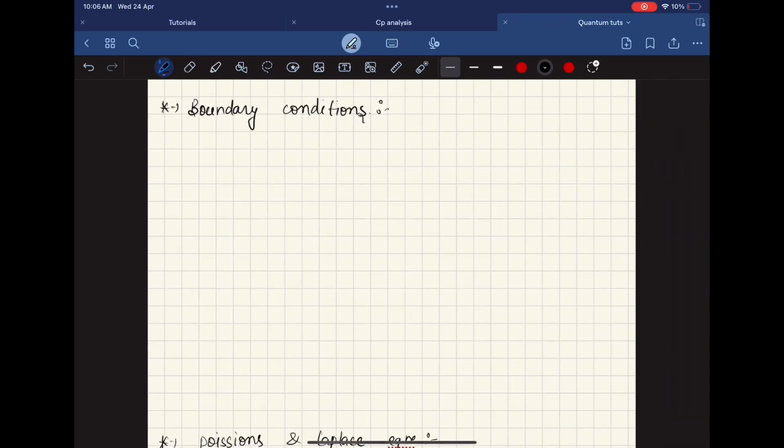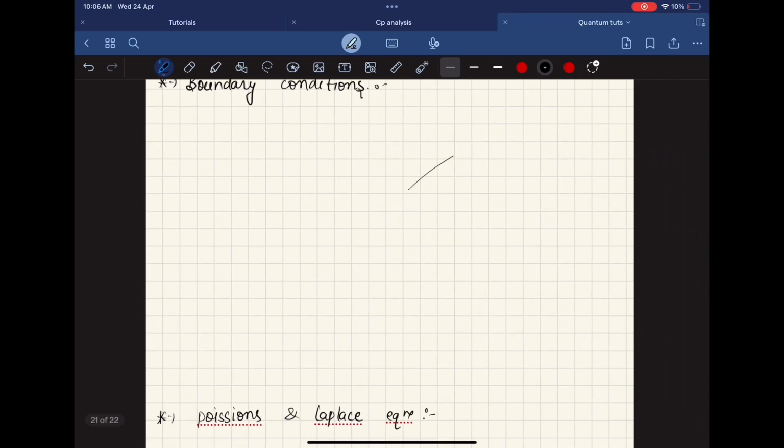If there is any surface, let's suppose this one is medium 1 and this is medium 2, then we have E1 perpendicular minus E2 perpendicular equals sigma over epsilon naught.